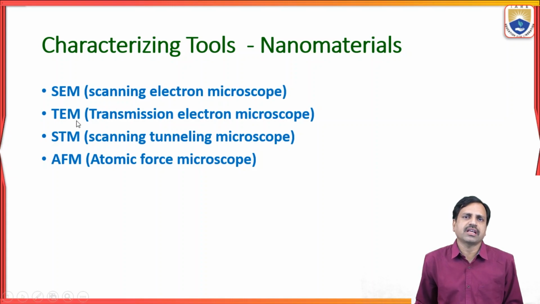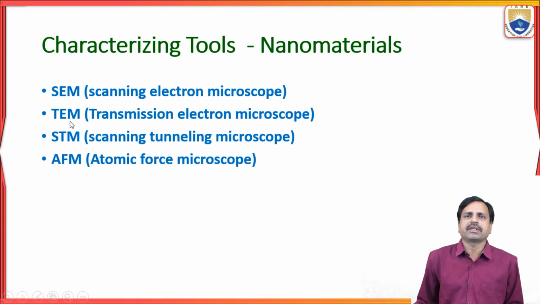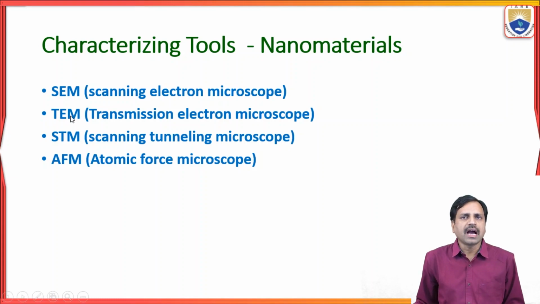In TEM, the beam is passed through the material and it gives the picture. It is transmitted through the material, so it is called transmission electron microscopy. And SEM, scanning electron microscopy, is like our microscope, and it gives the picture.